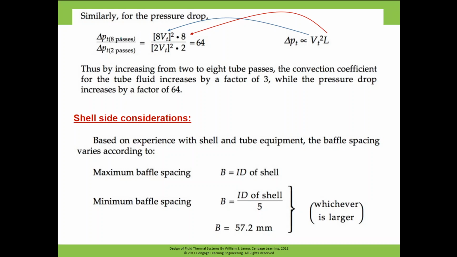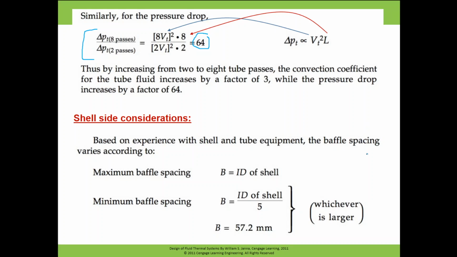So when we calculate the ratio of the pressure drop when you change the heat exchanger passes from 2 to 8, we can write this expression in this form and find out the increase in the pressure. So the pressure drop is increased by 64 times when you change the passes from 2 to 8 passes.